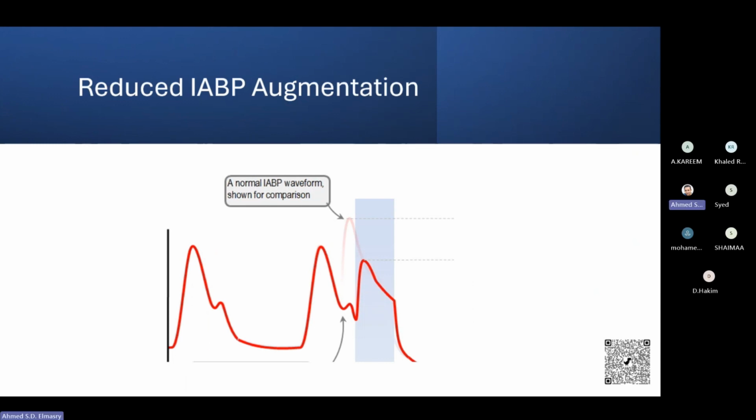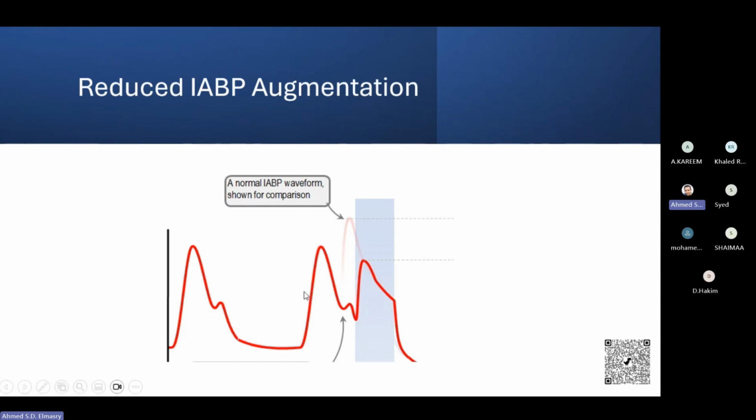The next troubleshooting is about reduced intra-aortic balloon augmentation. Normally, with an intra-aortic balloon, this is the dicrotic notch. The balloon is supposed to start inflation here to reach the diastolic augmentation here, and the diastolic augmentation pressure should be higher than the unassisted systolic pressure.